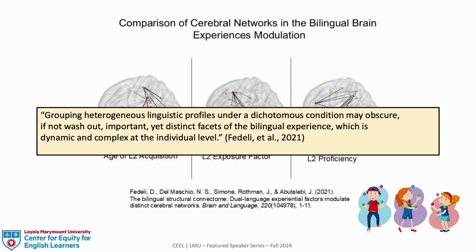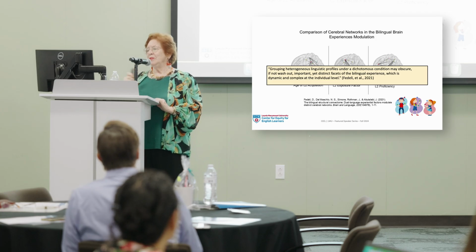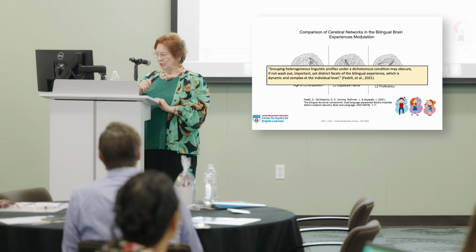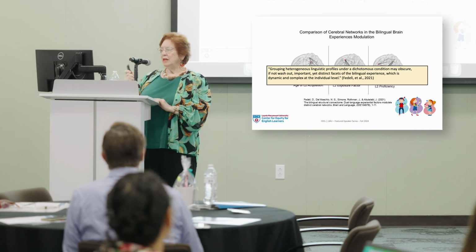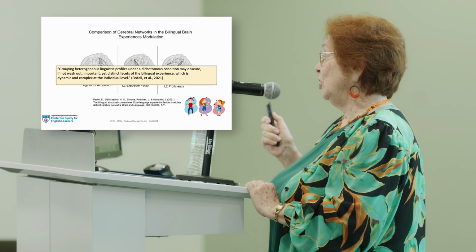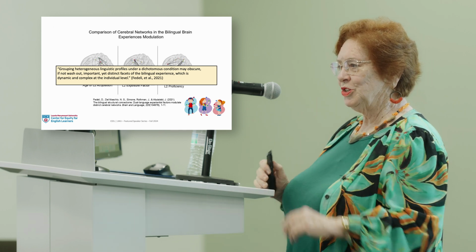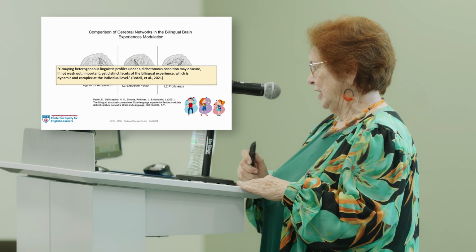And the way this happens also is shown in the neurological research. And I think this is a very interesting graphic because each of these brains have tracked the pathways that are formed according to the language learning experiences of the bilingual learner. Age of second language acquisition, the amount of second language exposure, and second language proficiency all show different pathways in terms of relating the two languages to each other and also in literacy learning.